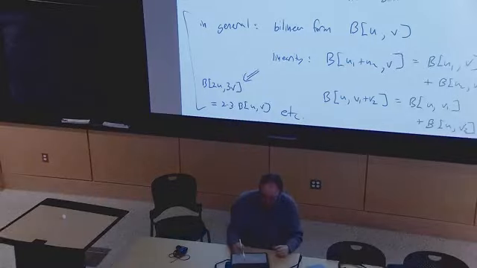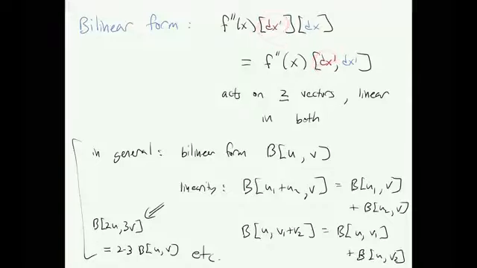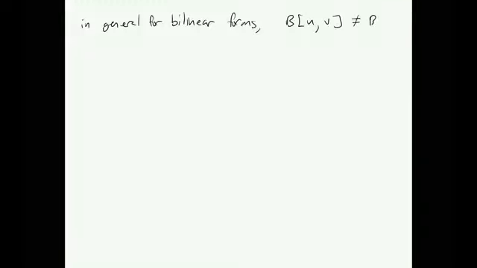And you might wonder if the order matters. Oops, and this should not have been a prime. Okay, does the order of these two things matter? In general, for bilinear forms, the order matters. In general, for bilinear forms, B of u, v is not equal to B of v, u.